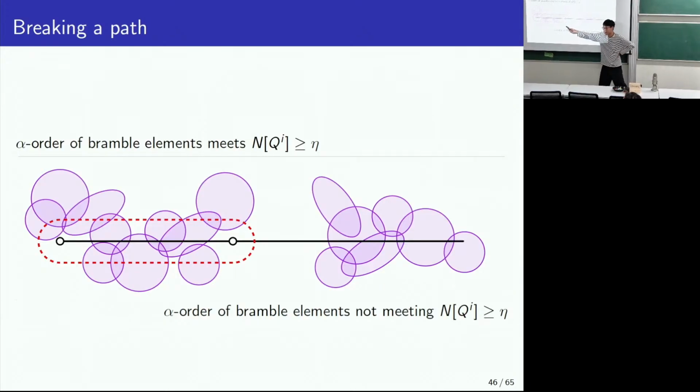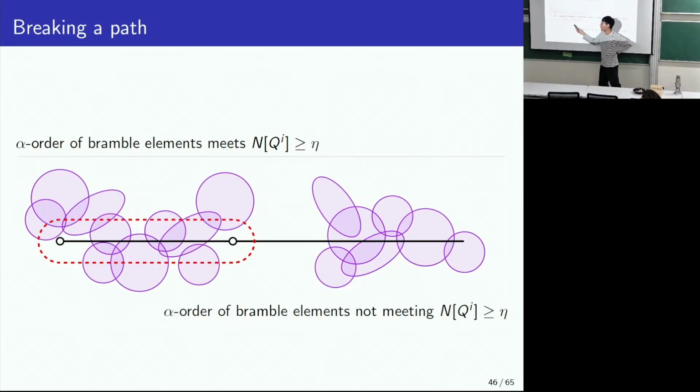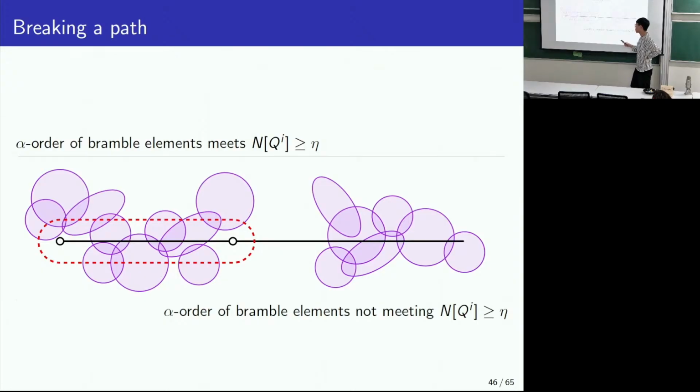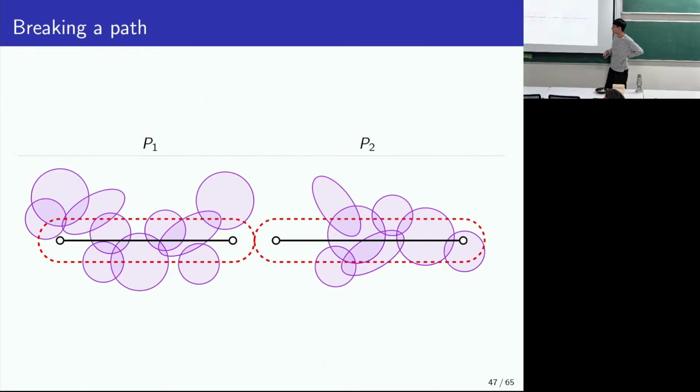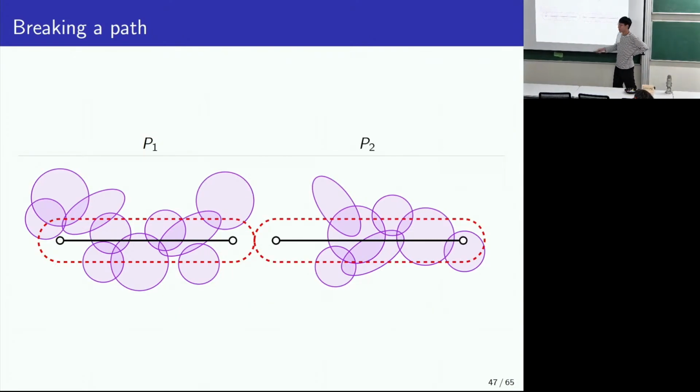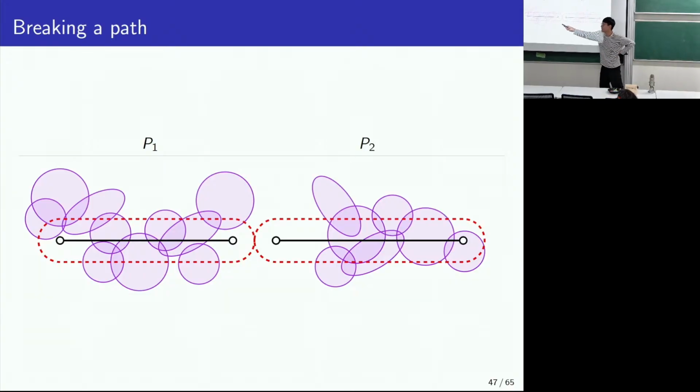When I say meet a lot and does not meet a lot, it means that the alpha order of these brambles here is large, and also the alpha order of the bramble our path did not meet is also large. Okay, then we delete the next vertex here and shatter the path into two pieces.